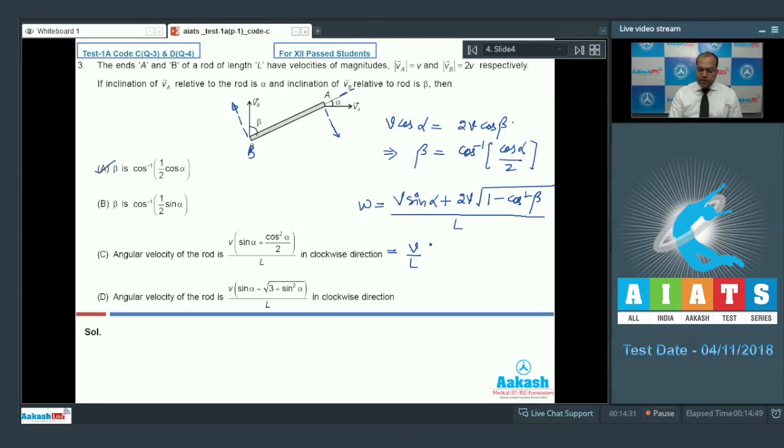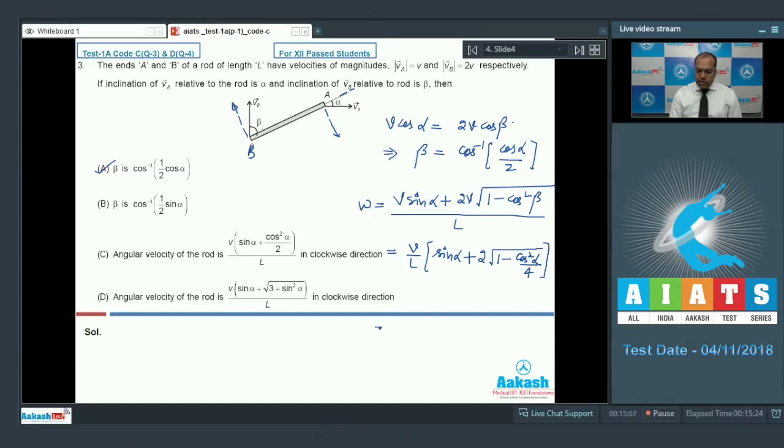V by L if I take common, this is equal to sin alpha plus 2 times under root 1 minus cos square beta. We have already calculated the value of cos beta, so it is equal to cos square alpha divided by 4.